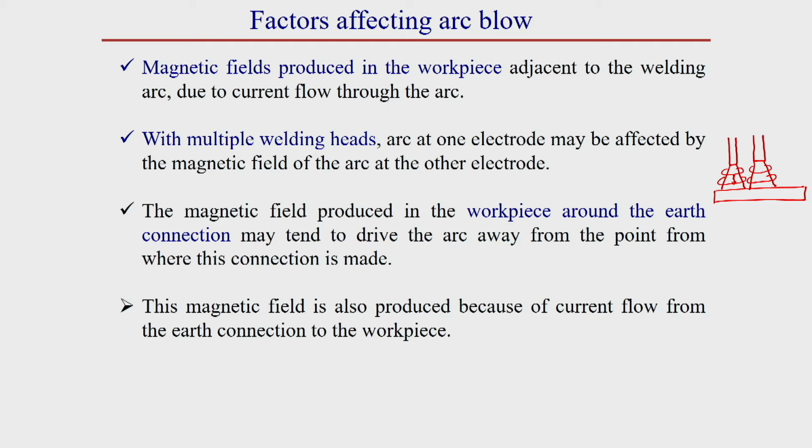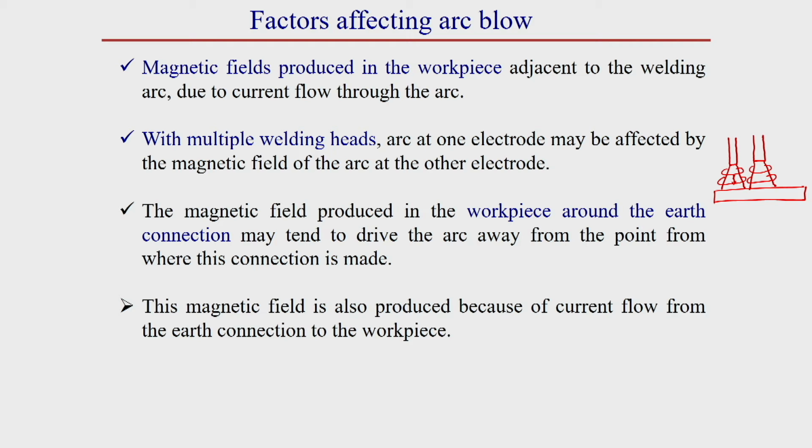Due to multiple welding heads, the arc at one head can affect the arc at the other head, that is, one magnetic field can disturb the other magnetic field. Due to this disturbance, arc blow can occur.